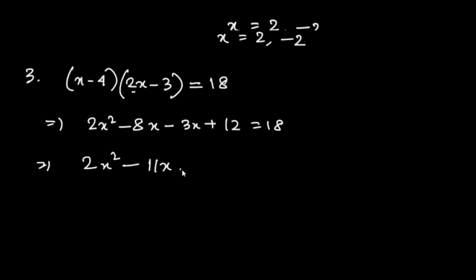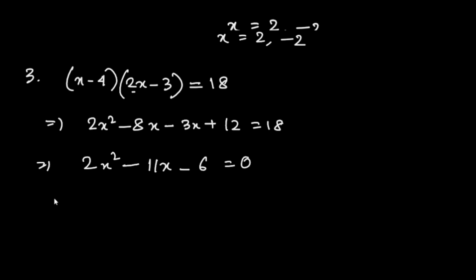Right. Here there is a chance of doing middle term factorization. 2 into 6 is 12, and the minus sign is there. For that reason, I'll break it as 12 minus 1 into x, minus 6 equals 0. That means 2x square minus 12x plus x minus 6 equals 0.